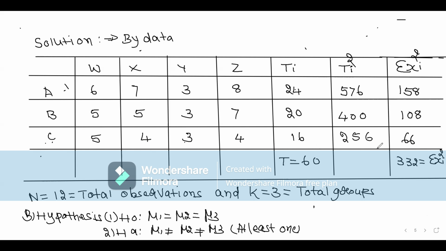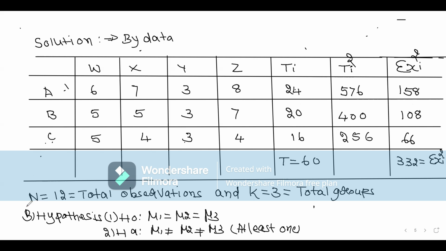You write it there. Then again I want summation of x square, which means again shift 1, third button, and number 1, that is summation of x square. Now look here, 66. Now add them, it is 332. Add these Ti, 60. Okay.